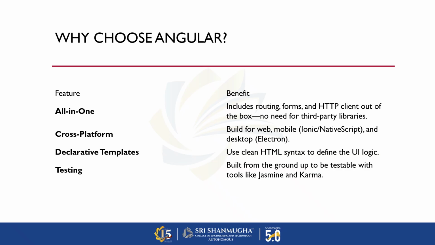There are declarative templates which use clean HTML syntax to define the UI logic. Testing is built from the ground up to be testable with tools like Jasmine and Karma. So whatever web applications you develop using AngularJS are easily testable.